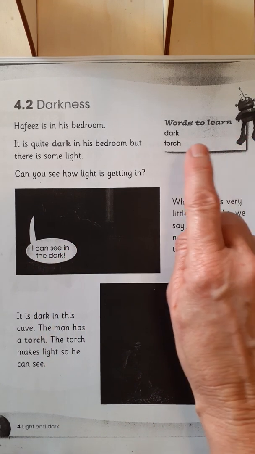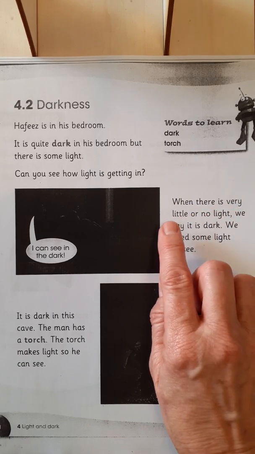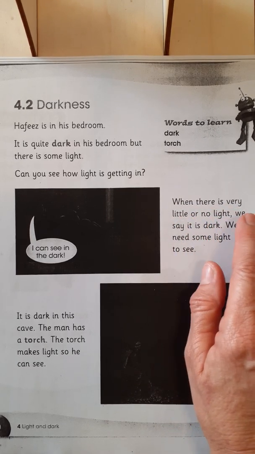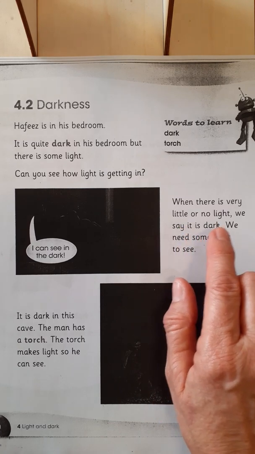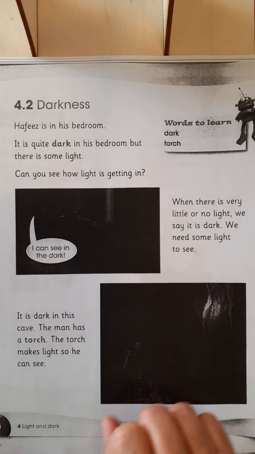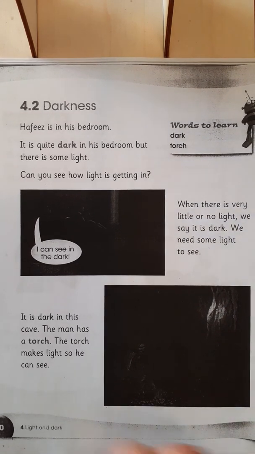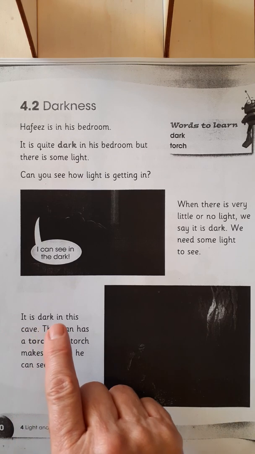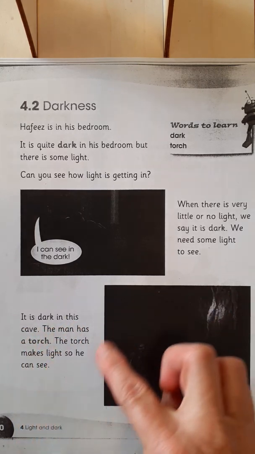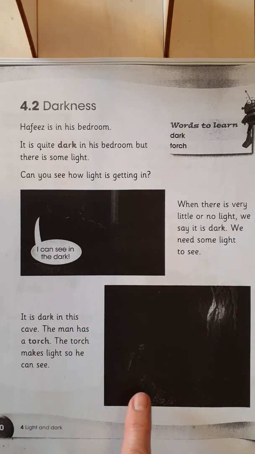Okay, words to learn, dark and torch. When there is very little or no light, we say it is dark. We need some light to see. Okay? Of course, we need light to see in the dark. Okay. It is dark in this cave. Here's a cave. The man has a torch.